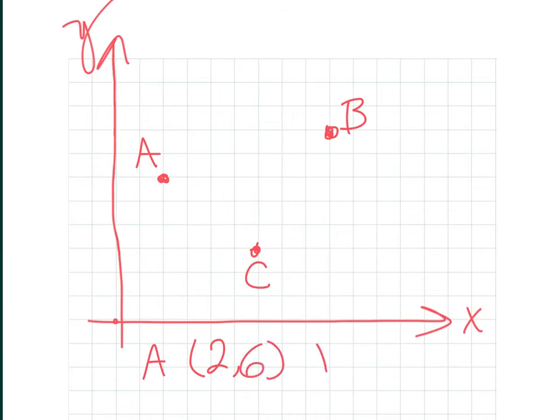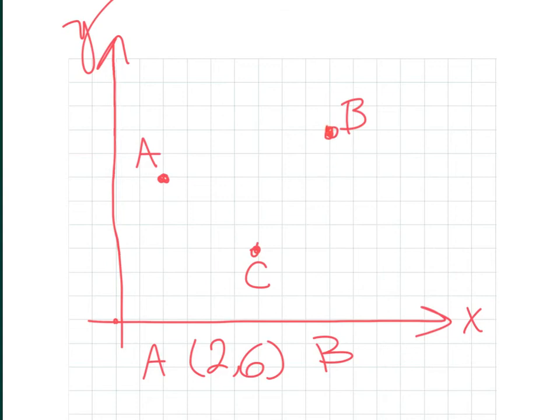If we look at B, let me use the laser pointer this time to maybe make it a little easier. We start here at the origin and we go over 1, 2, 3, 4, 5, 6, 7, 8, 9. And then we go up 1, 2, 3, 4, 5, 6, 7, 8.